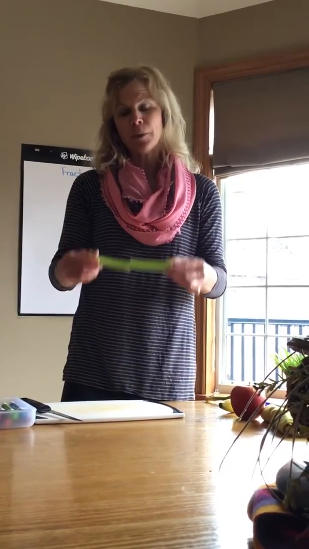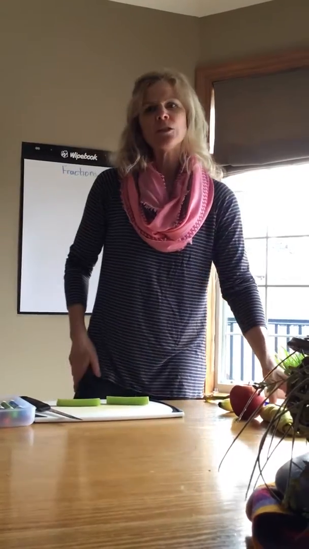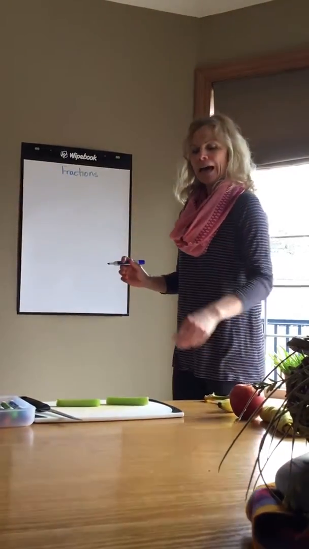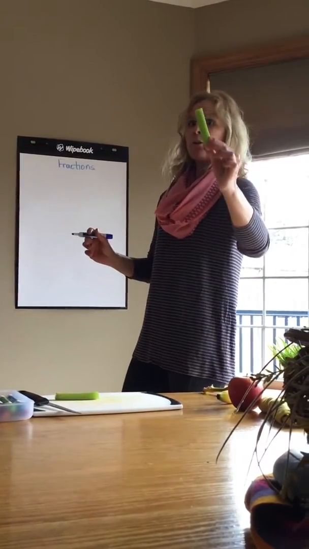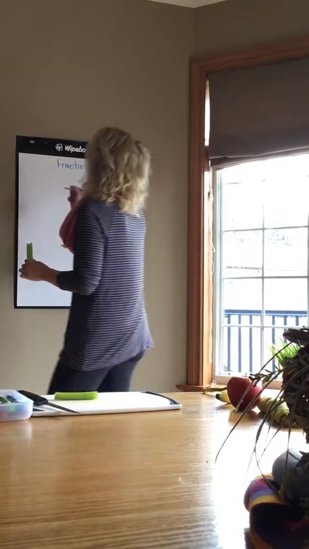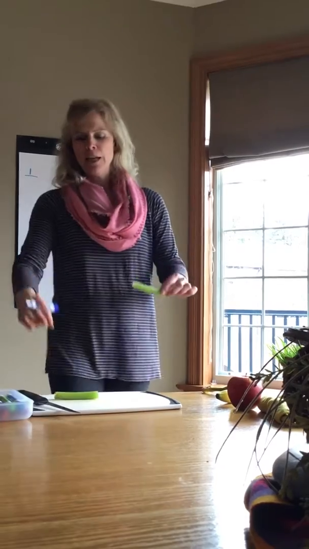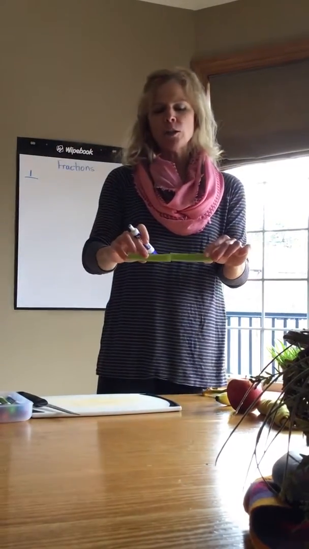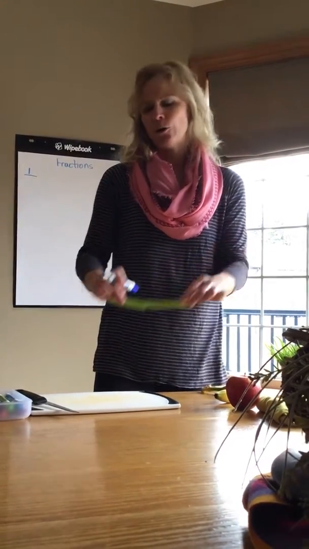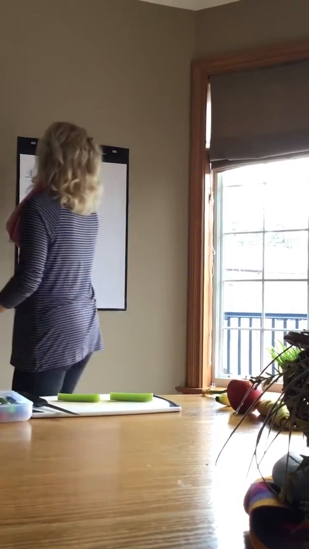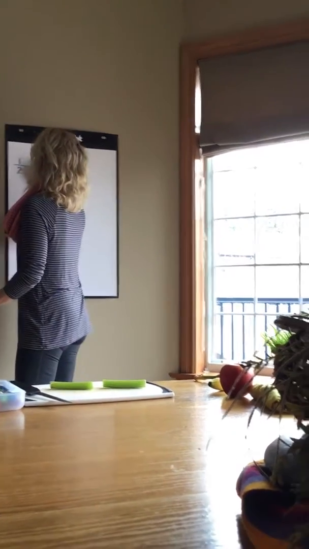So when we put that into a fraction, how much I was offering you, or how many pieces I was offering you, goes on the top. And on the bottom goes how many, if I put them all together, make up that entire whole. So there are two that make up the entire whole.